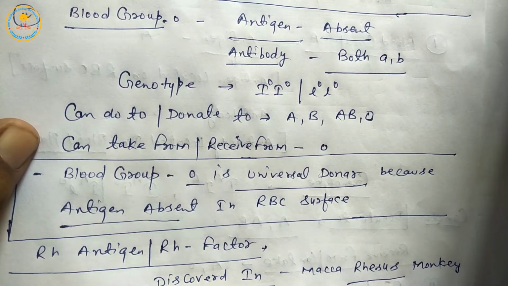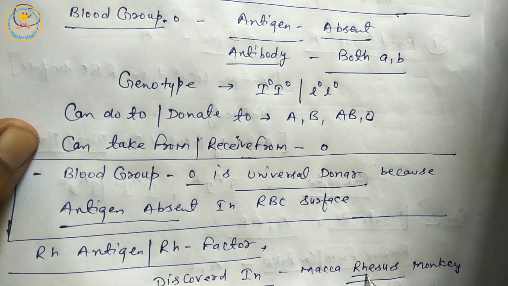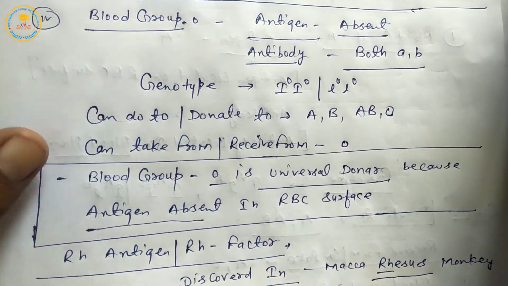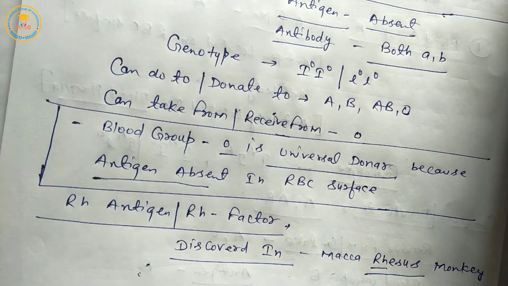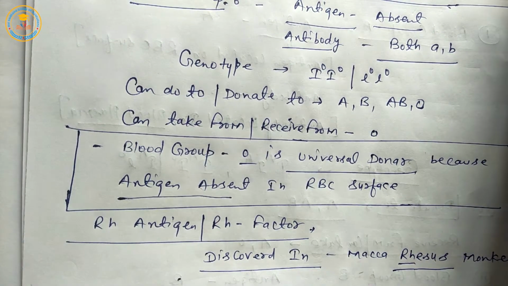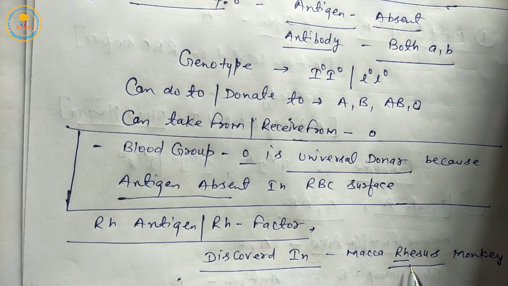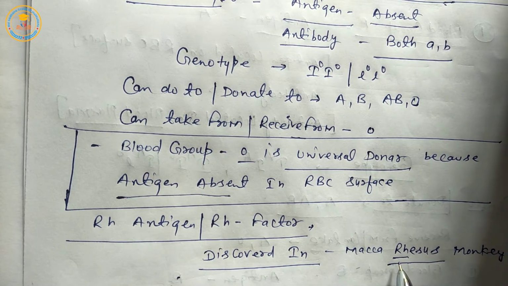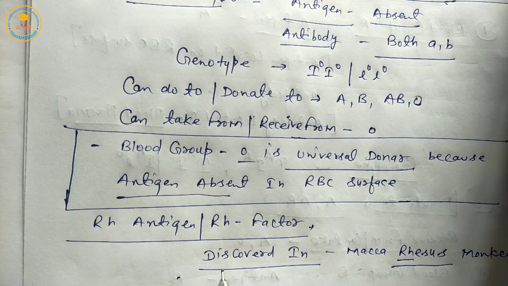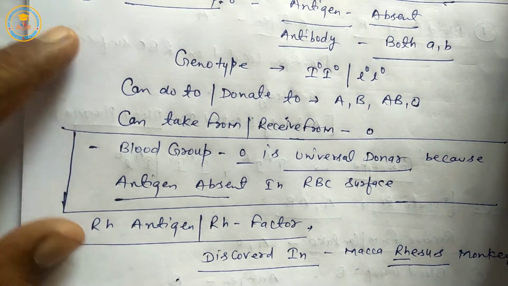In the word rhesus, the first two letters are RH, so this antigen was named on the basis of rhesus's first two letters, so this antigen is called RH antigen.